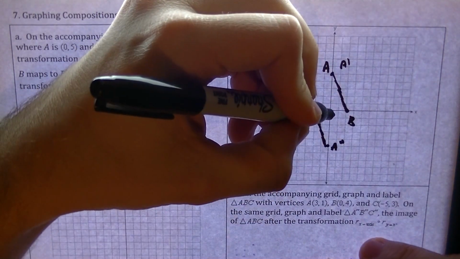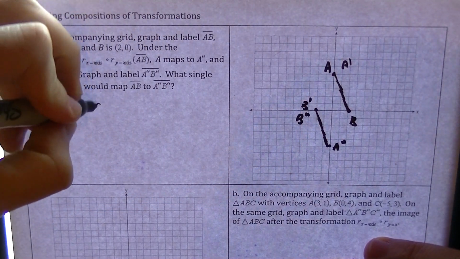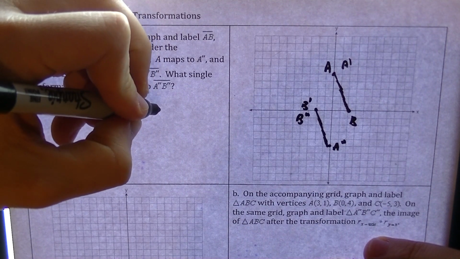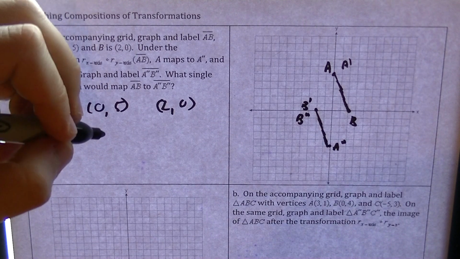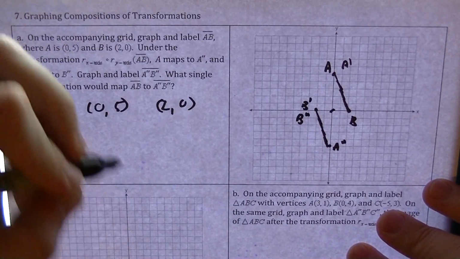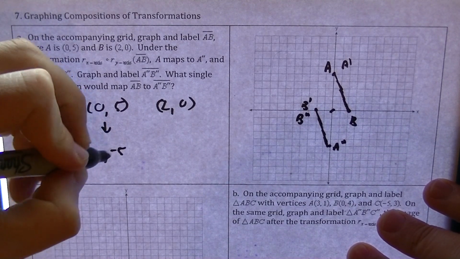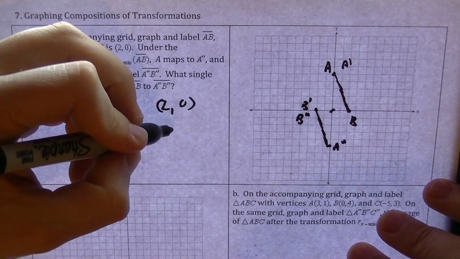So let's see. If A was at 5, 0, and B was at 2, 0, if I rotate 180 degrees about the origin, well, that would end up at 0, -5, because all I do for rotating 180 degrees is change the signs.